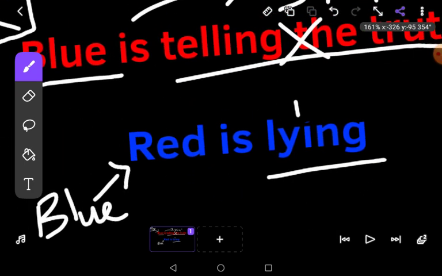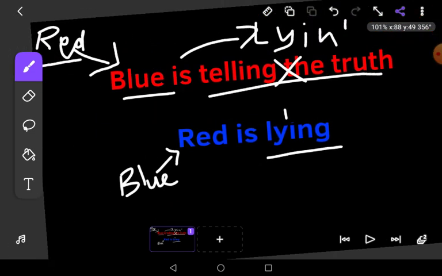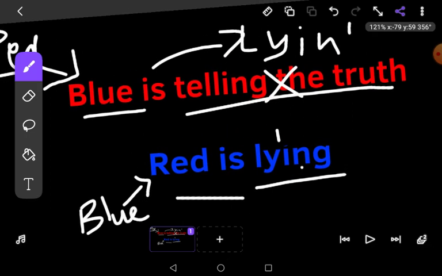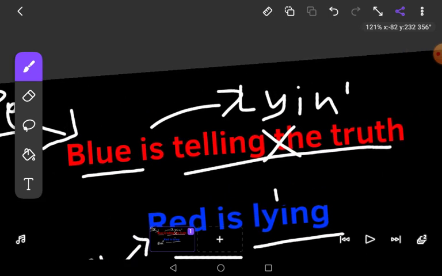And if blue is telling the truth, blue is lying, and we said that blue is lying about red lying. If red is lying about blue lying, that means blue is telling the truth.